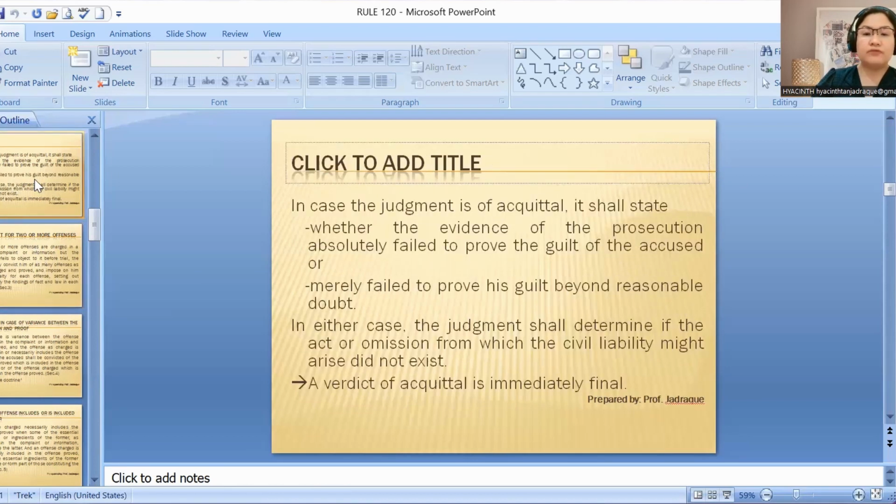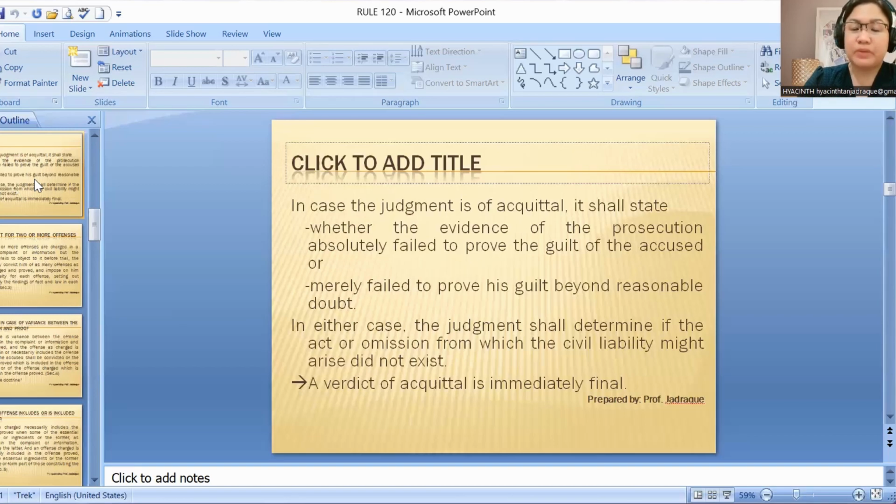Now, how about if the judgment is for conviction? Then the accused or any aggrieved party for that matter can file an appeal.